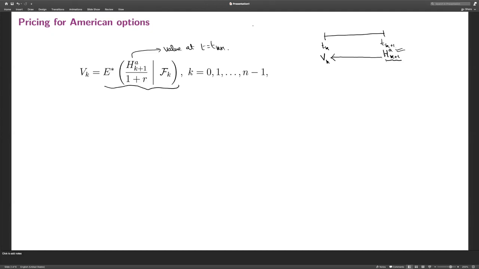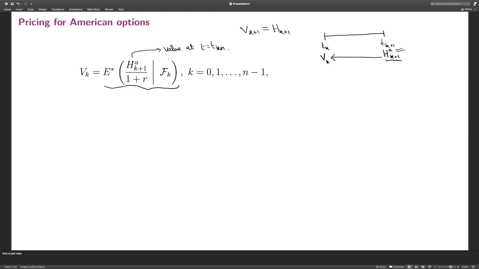If you remember, we obtained similarly V_{k+1} at the time T_{k+1}, and then using the no arbitrage argument, you will say that the value of the portfolio, that is the replicative portfolio, is the same as the value of the option as well. That is how we have arrived at the value of the option.